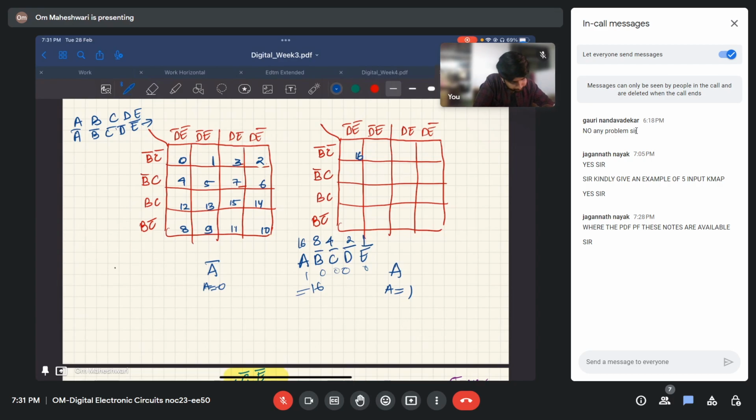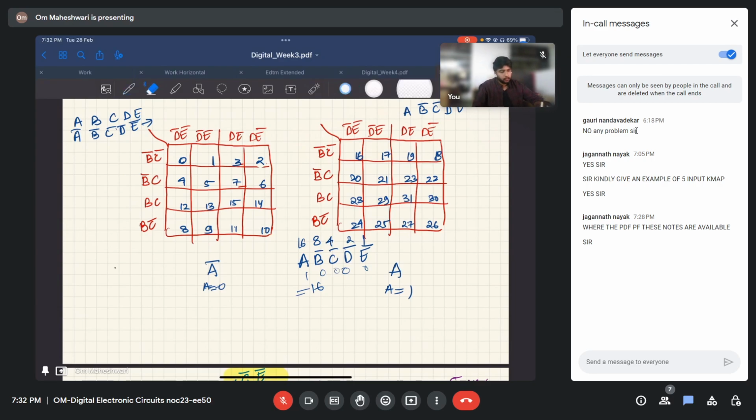The next one is A, B bar, C bar, D bar, E. That is 1, 0, 0, 0, 1, that is 17. So here 17 will come. Similarly, we fill it 18, 19, 20, 21, 22, 23, 24, 25, 26, 27, 28, 29, 30, 31.